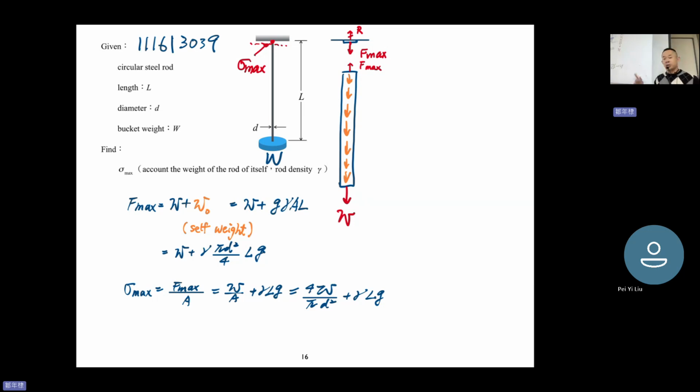Like this concept: if you want to get the force or stress, internal stress or internal force, you cut it, and then you separate it, and you do the force balance. Because I didn't understand this concept, it made the later parts more difficult. But if you understand this concept, you can use just one concept to solve a lot of problems.